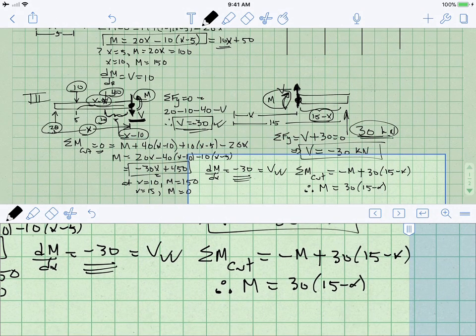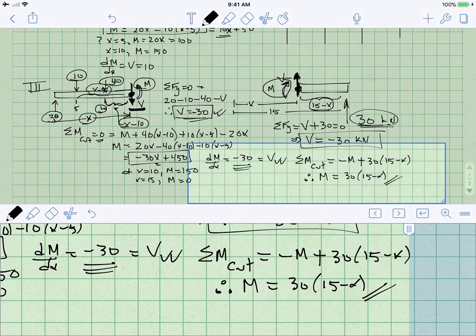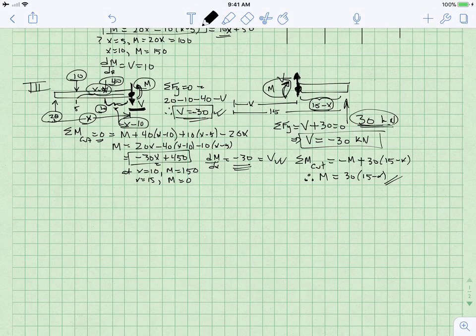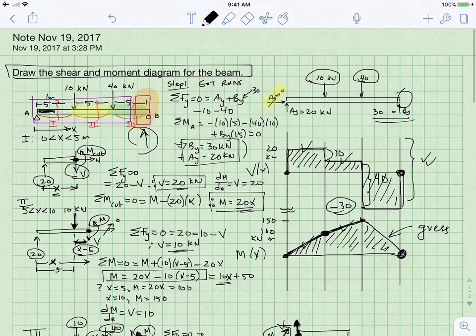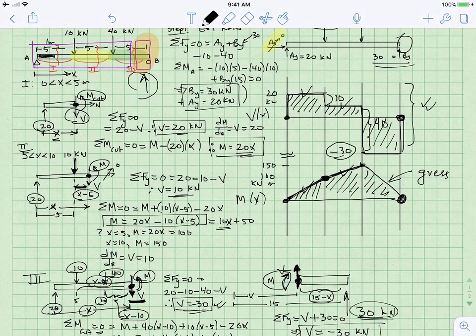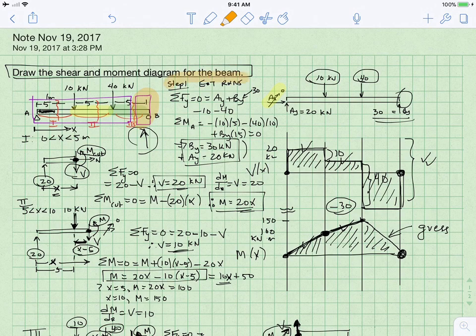So the moments match, everything is good, and you should now feel pretty comfortable about breaking up the beams into pieces, solving the external reactions, that's the next step.